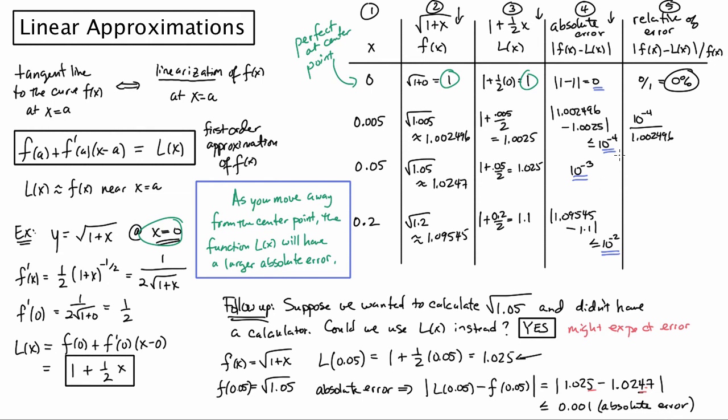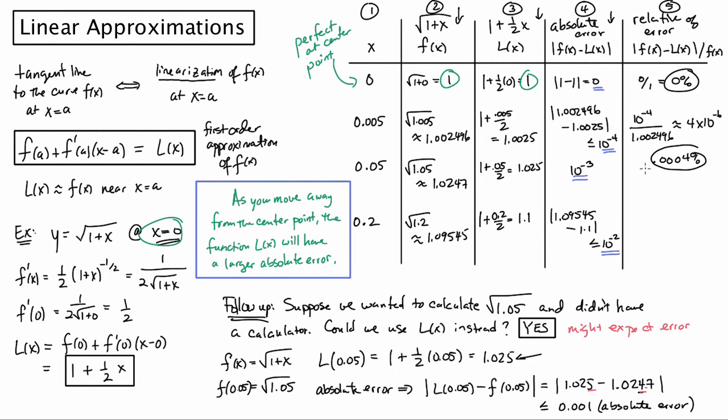And so that ends up being approximately 4 times 10 to the negative 6. So if we think of this as a percentage, this is around 0.004%. So that's the relative error for that case.